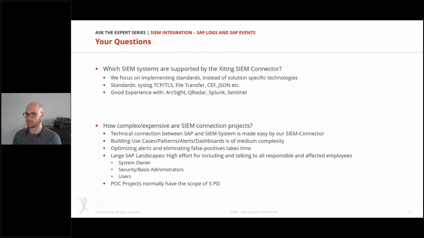Then the next question is, what about DDIC and SAP Star? I guess they can be monitored by SIEM solutions in addition to the basis team? Yes, of course, they can be monitored.